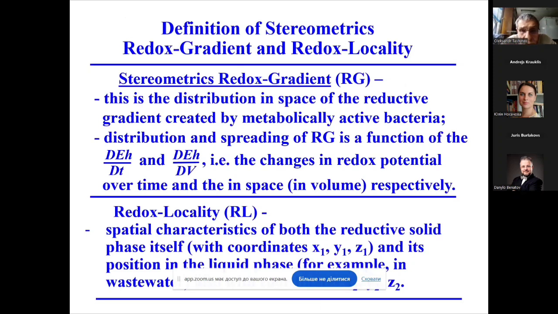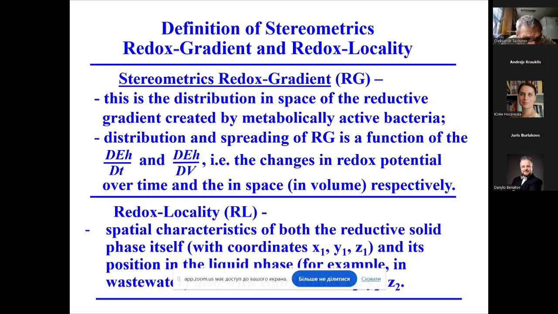Let's give a short definition of stereometric redox gradient and redox locality. Redox gradient is a distribution in space of the reductive gradient created by metabolically active bacteria. The distribution and spreading of the redox gradient is a function of the change in redox potential in time and in the volume.